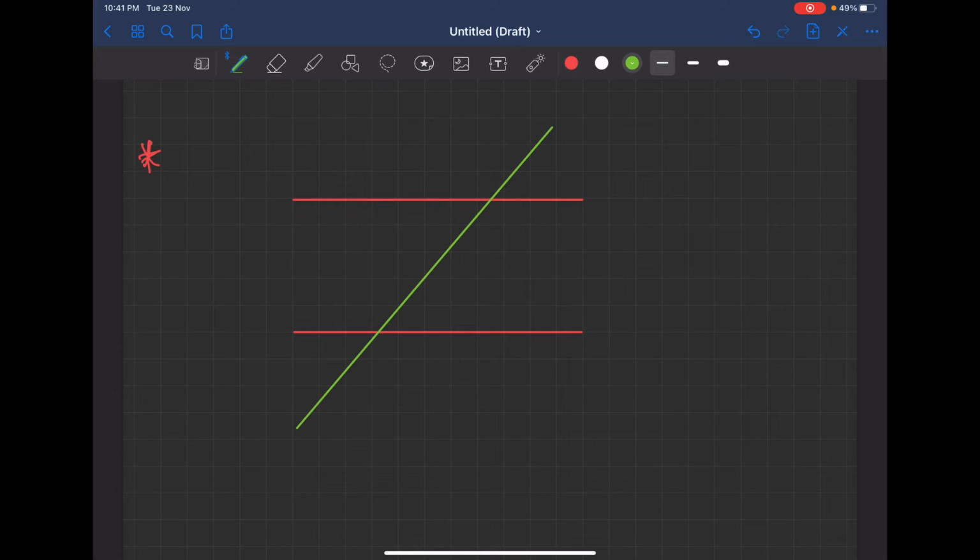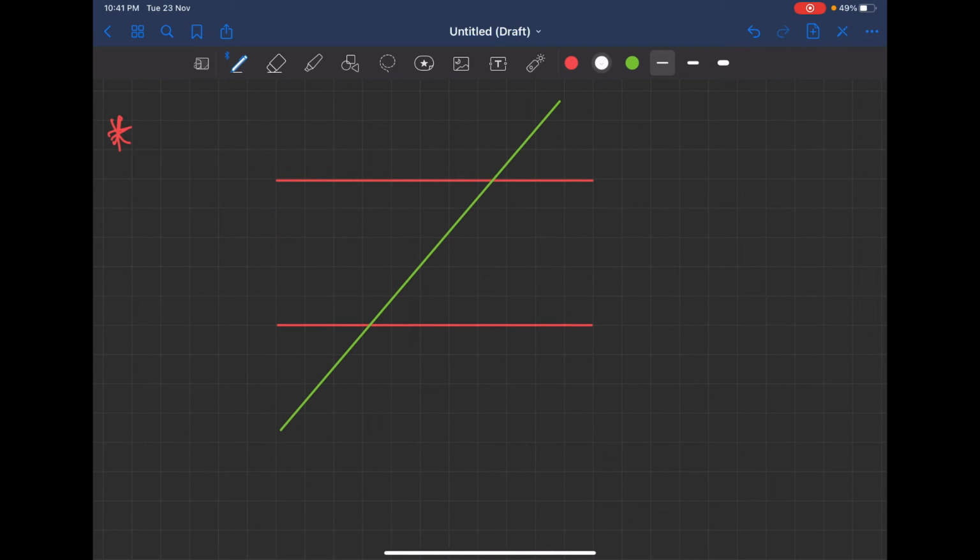Now let's say I have this angle as angle X. So what this property states is that whenever two parallel lines are cut by a transversal, the alternate angles are equal, which means if this angle is X, this angle will also be equal to X, and the corresponding angle is also equal, which means if this angle is X, this angle will also be X.